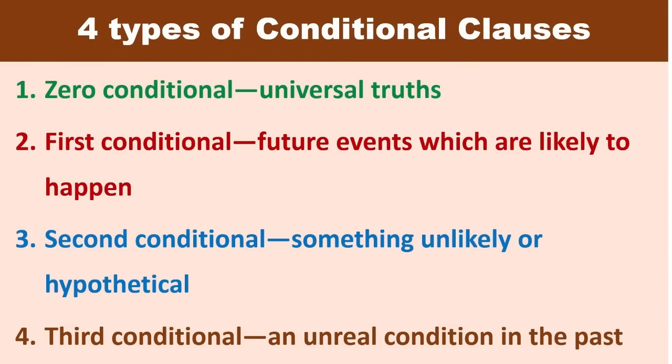Many viewers have been asking for conditional clauses. So I have given you a very detailed and a very clear video where you get all the ideas about conditional clauses. This slide tells you that there are four types of clauses which we can call conditional.